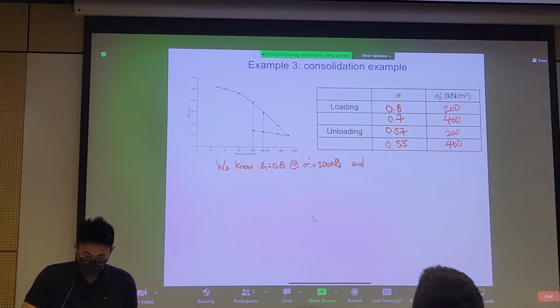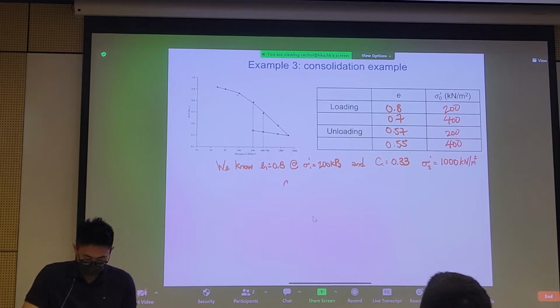And we also know that we've calculated a compression index as 0.33. So the only challenging thing now is we want to calculate a new sigma prime. Let's call this sigma prime 3 now for simplicity. And we just want to know what's the void ratio when this is at 1000 kPa.